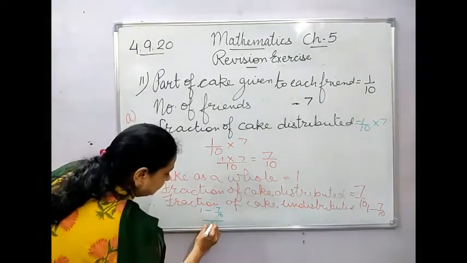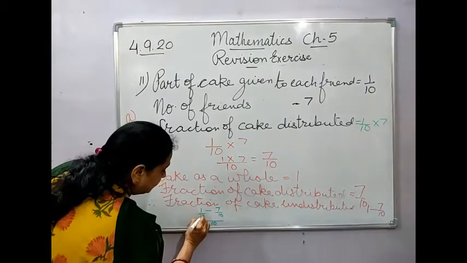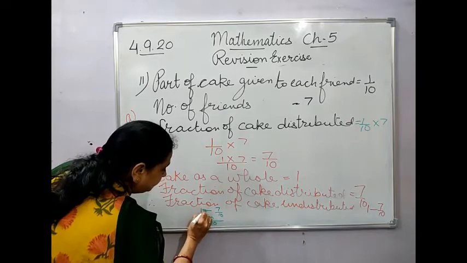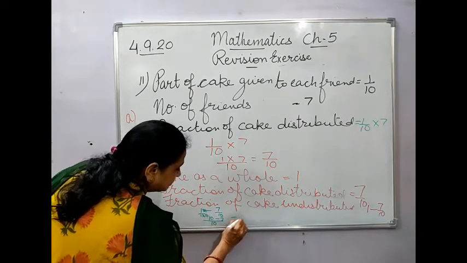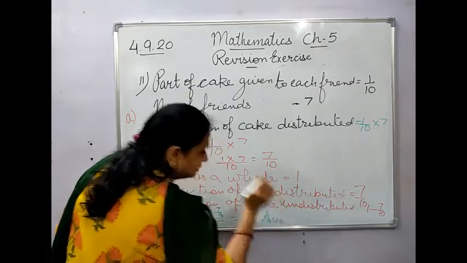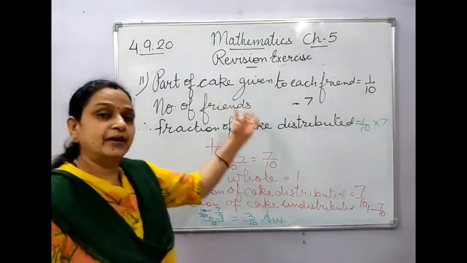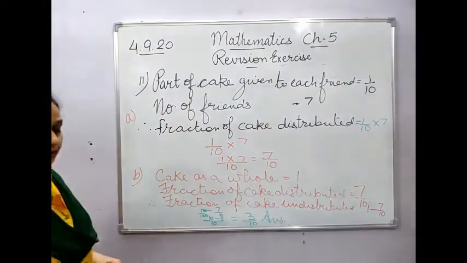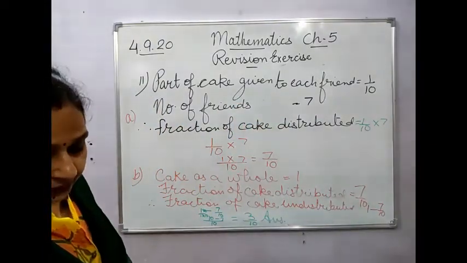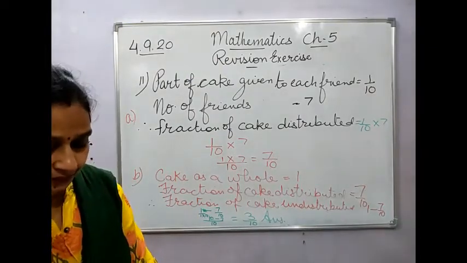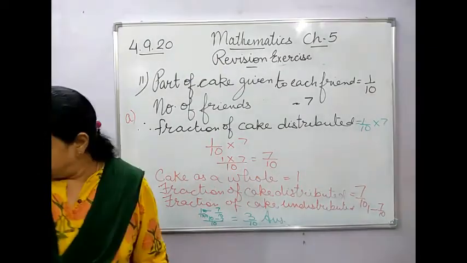So LCM will be 10. 10 minus 7 is equal to 3/10, which is your answer. This is what we imagined, and this is what we have calculated before. Just go through it. Then we move on to the next sum. Clear?